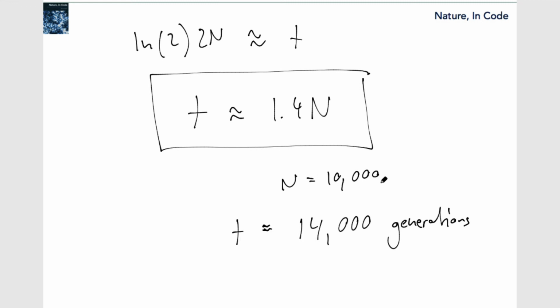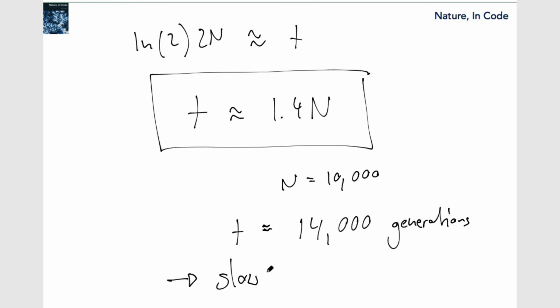Well, it would take a very long time. It would take 1.4 million generations to even halve genetic variation. And so the major insight here is that the process is generally slow.